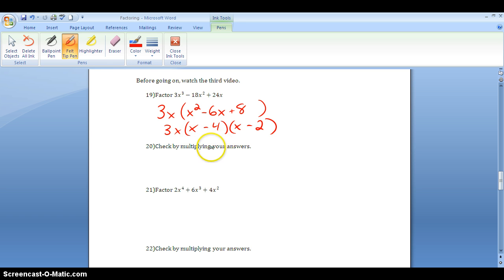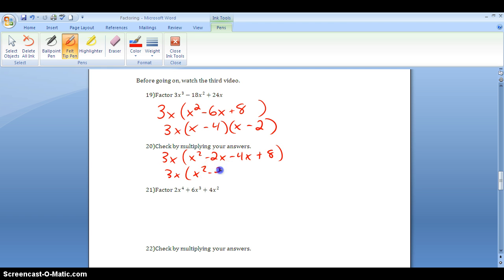And now I check by multiplying here. I'm actually going to multiply this 3x part later. Since there's 3 things being multiplied, 3x times x minus 4 times x minus 2, I'm going to first do the x minus 4 times the x minus 2. That gives me x squared minus 2x minus 4x plus 8, which I just need to simplify.